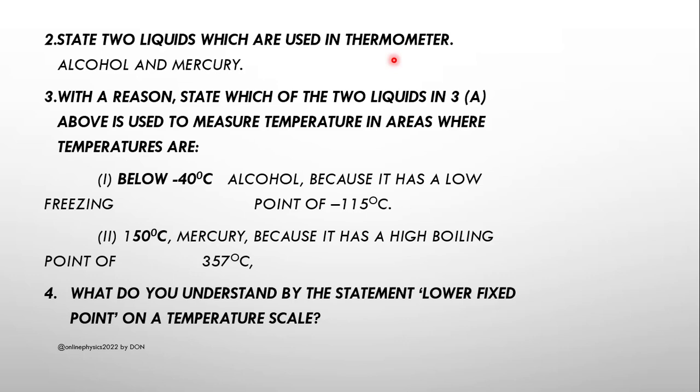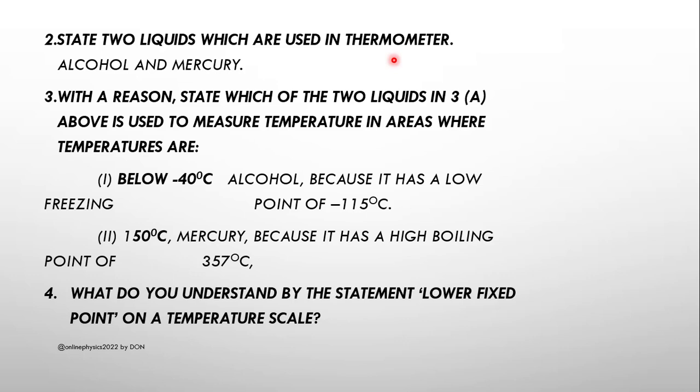When the temperature is below negative 40 degrees, we are going to use alcohol because it has a low freezing point, that is negative 115 degrees Celsius. So we should be very keen on that. Then where temperatures are 150 degrees, we are definitely going to use mercury because mercury has a high boiling point, which is 357 degrees.